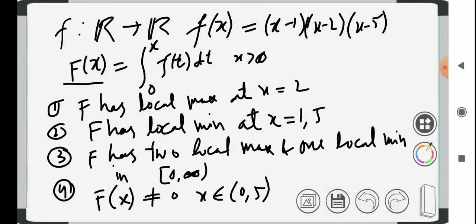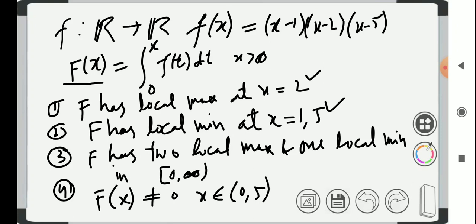So it involves certain concepts from calculus, like the Newton-Leibniz formula and the intermediate value property for continuous functions. So we are going to solve it. Although these options are very easy to verify, you can easily deduce the local max and local min property of this area function.